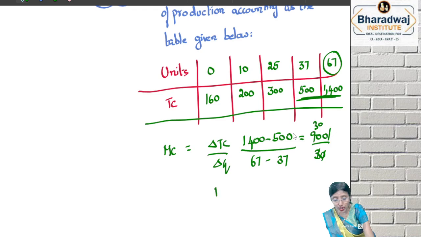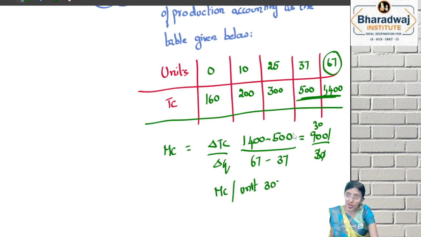So what is my marginal cost per unit? Marginal cost per unit is 30. Now my dear students, marginal cost is always defined as the addition made to the total cost by producing one more extra unit. But this is a different kind of example. Here I cannot do it by 1 because look at the difference. Here the given data set itself is like this.